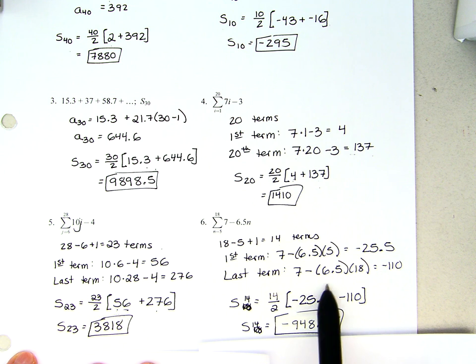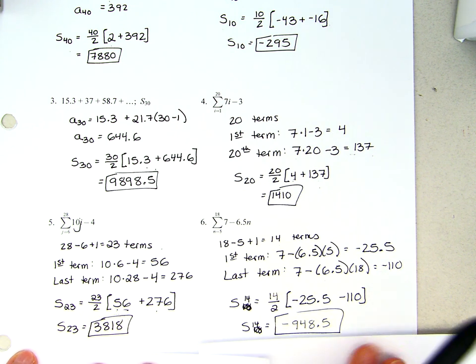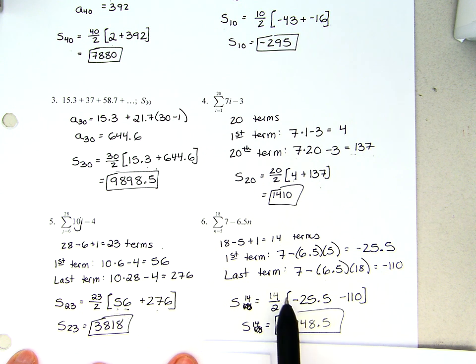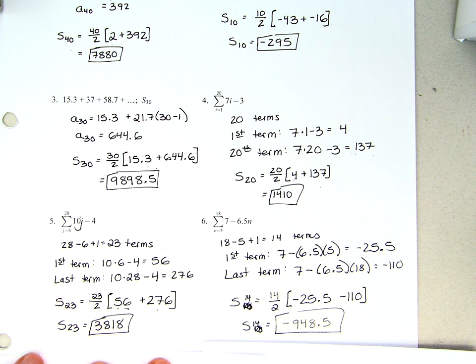The last term, 7 minus 6.5 times 18, negative 110. Now I have everything I need to plug into my formula. I'm finding S sub 14, the sum of those 14 terms. 14 divided by 2 times first term is negative 25.5, plus last term plus negative 110. You're going to get negative 948.5.